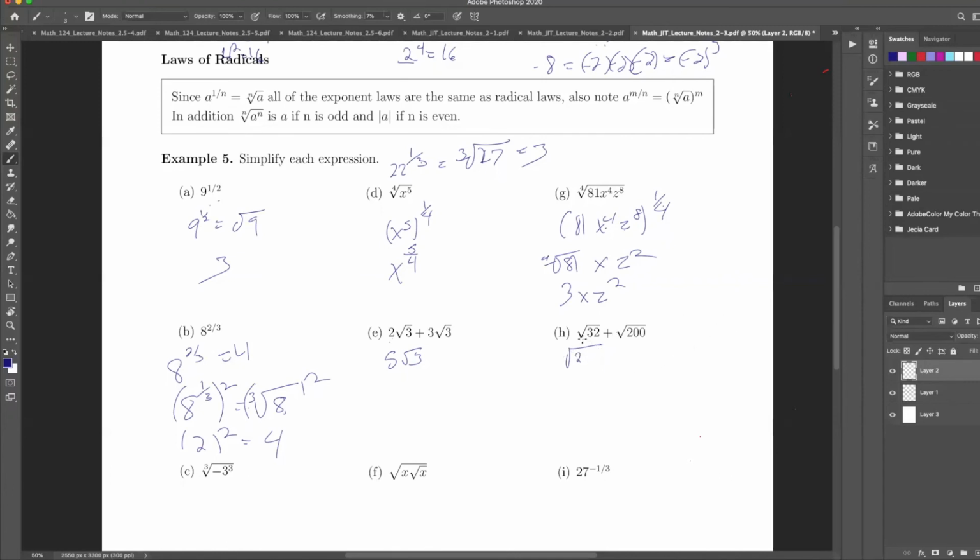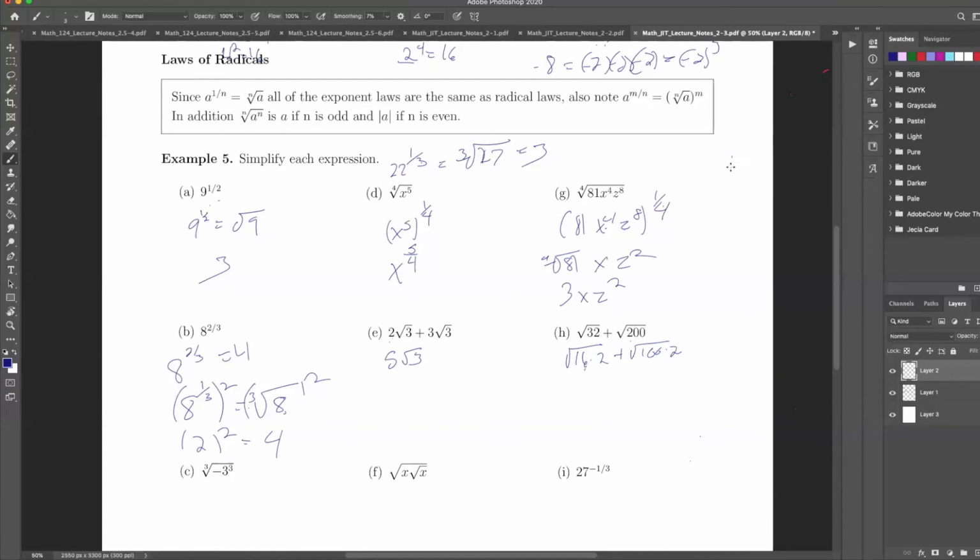Instead, I'm going to write this as 16 times 2, and what I want to do is try to split it up into perfect squares. And this I can write as 100 times 2. So 16 is a perfect square.